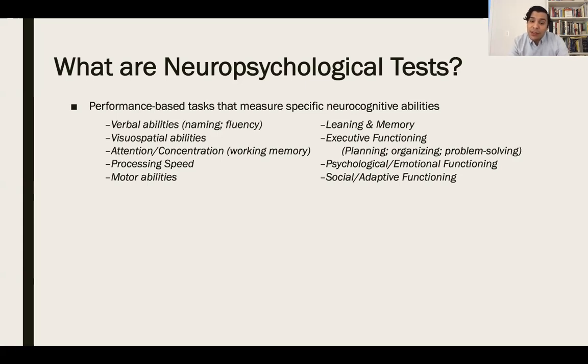A neuropsychological evaluation usually involves assessing psychological and emotional functioning, and sometimes social and adaptive functioning as well.